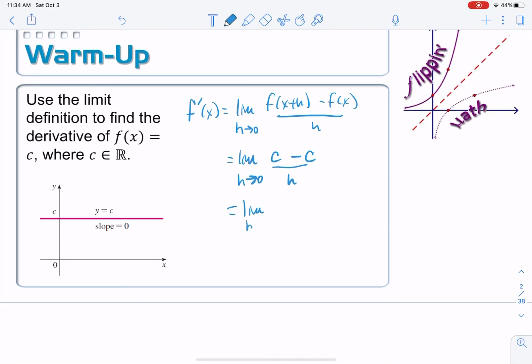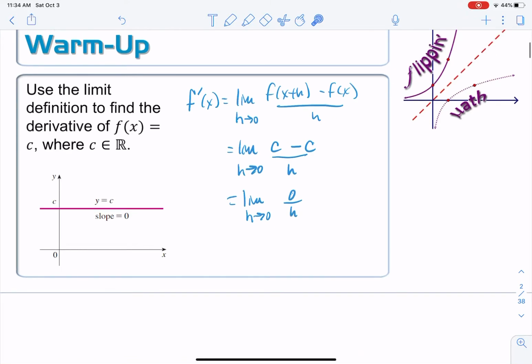The limit as h goes to 0 of 0 over h. That should be 0. Well, here's one way to think of it. h is not 0 yet. It's just approaching 0 from either side. And we're taking 0 divided by a number that's getting closer to 0. 0 divided by that number should be equal to 0.